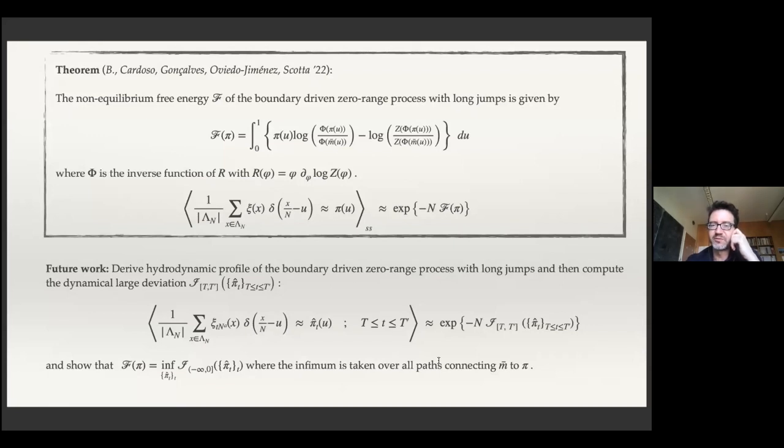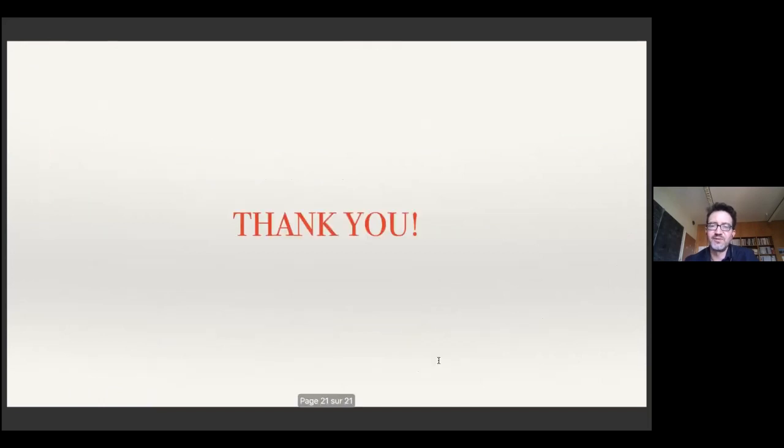I think that it could also give some insight for the same problem, which is much more difficult, for macroscopic fluctuation theory for FPU chains, for example. But there are several questions, even in the case of lattice gases, which are not so trivial. So I thank you for your attention, and I finish now.